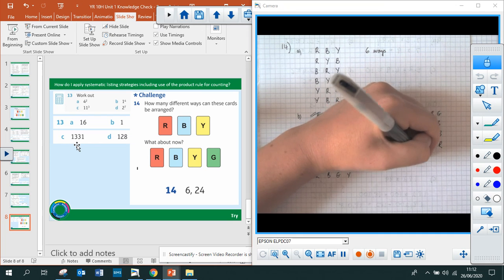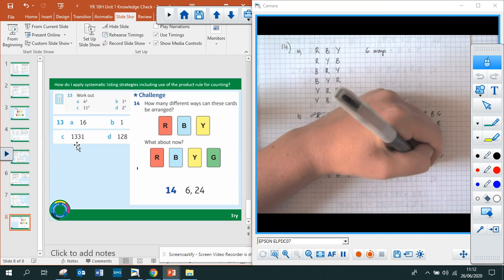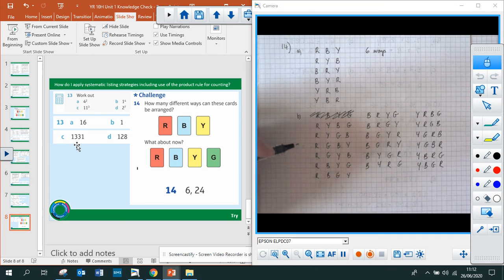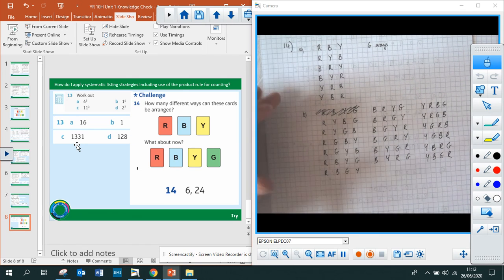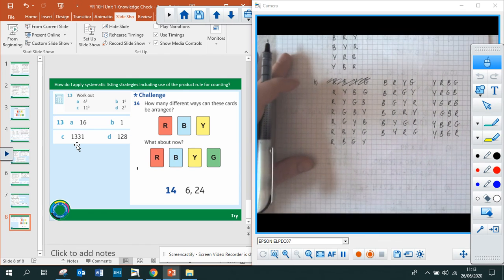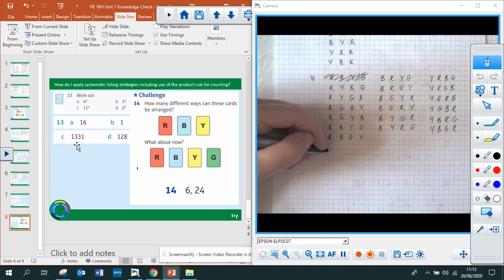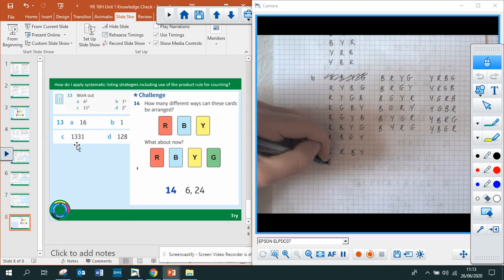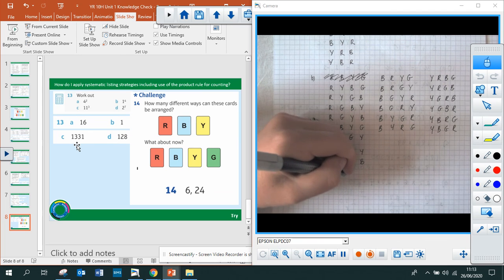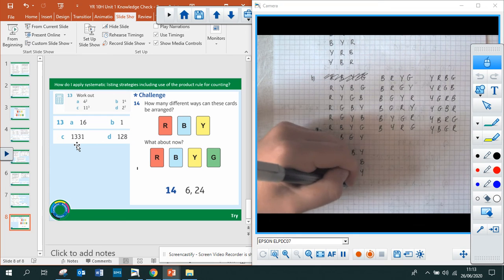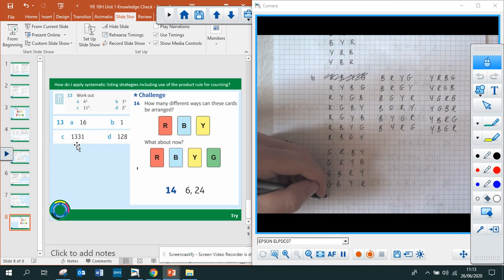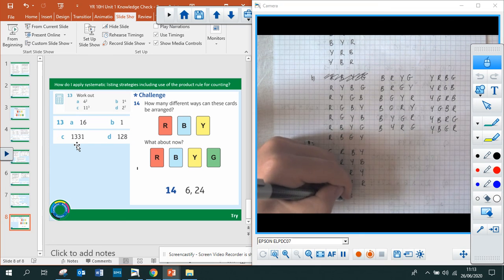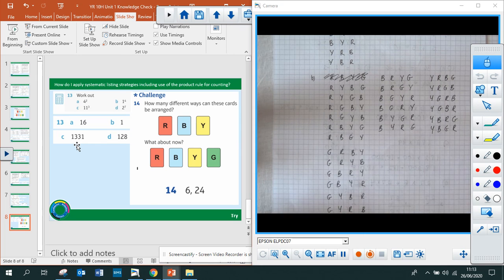Yellow, blue, red, green, and yellow, blue, green, red, okay? And then one more, we need to start now with the, what colour haven't I started with? Green now. Green, red, blue, yellow. Green, red, yellow, blue. Green, blue, red, yellow. Green, blue, yellow, red. Green, yellow, blue, red. Green, yellow, red, blue. Okay?